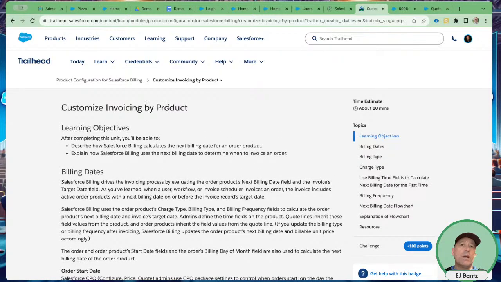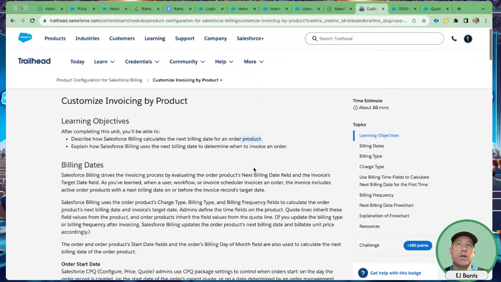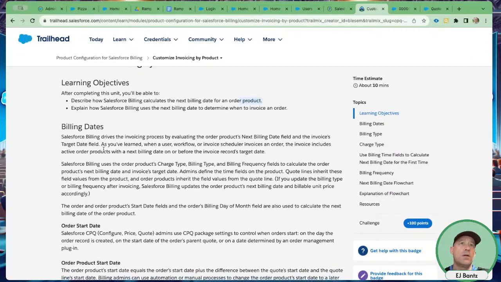Okay, customize invoicing by product. After completing this unit, you'll be able to describe how Salesforce billing calculates the next billing date for an order product. Explain how billing uses next billing date to determine when to invoice the order. Billing drives the invoicing process by evaluating order product's next billing date and the invoice's target date field.